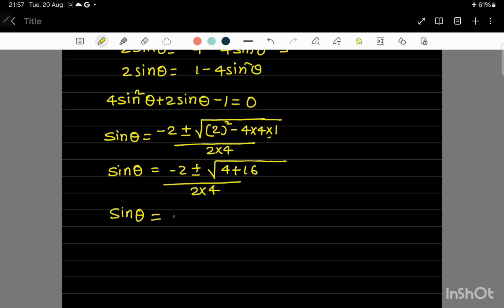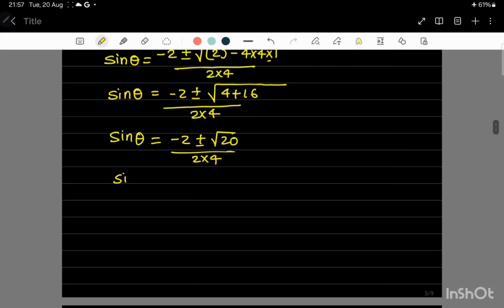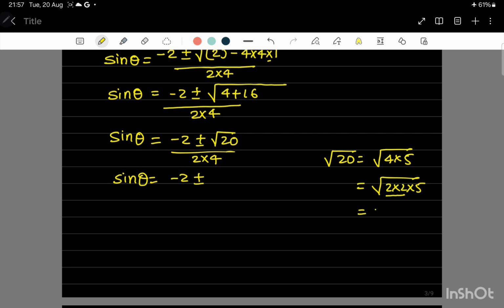Then sin theta is equal to minus 2 plus minus root 20 divided by 2 into 4. Root 20 is root 4 into 5. Root 4 means root 2 into 2, so one pair is there. If one pair is there, then one number automatically comes out from this root.